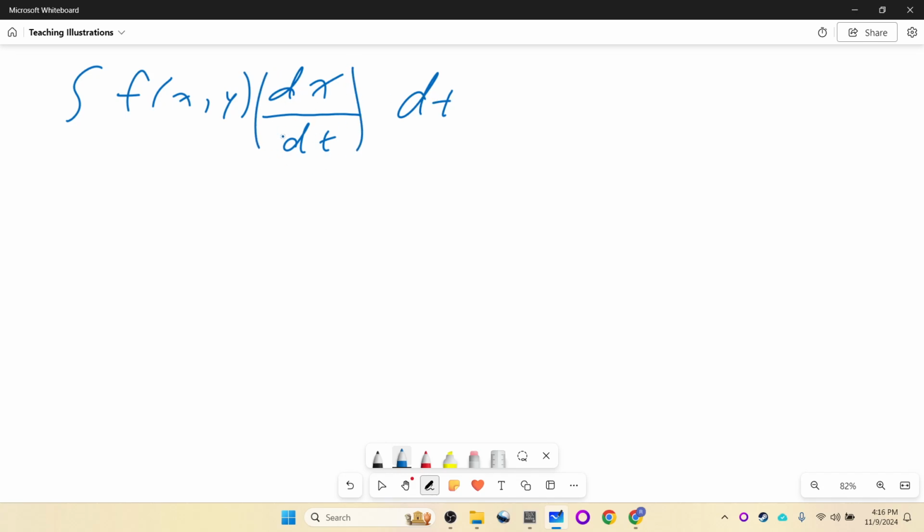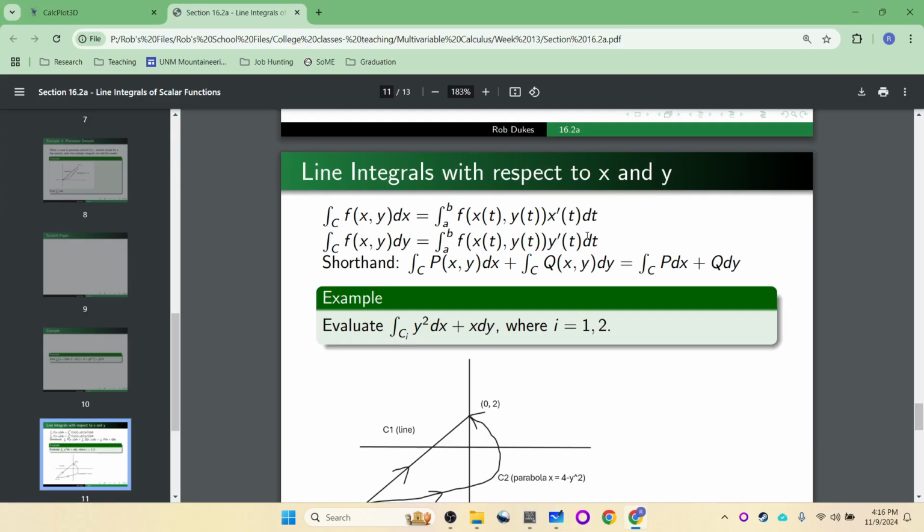If we had the integral of f of xy dx, we can divide by dt and multiply by dt. And then that is a derivative. So what that would mean, if we're doing dx, we're really just multiplying by the derivative and then doing dt. And the same for y. So the formulas are right here, but I think of it as more a matter of manipulation.